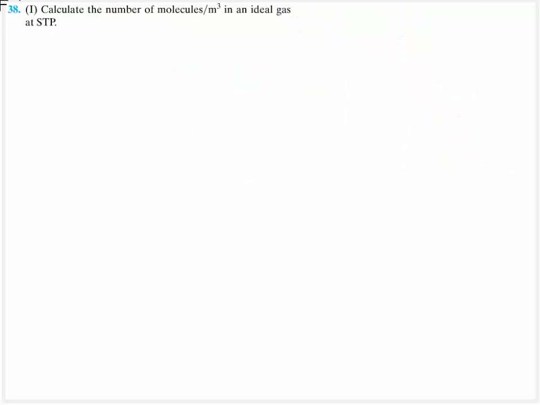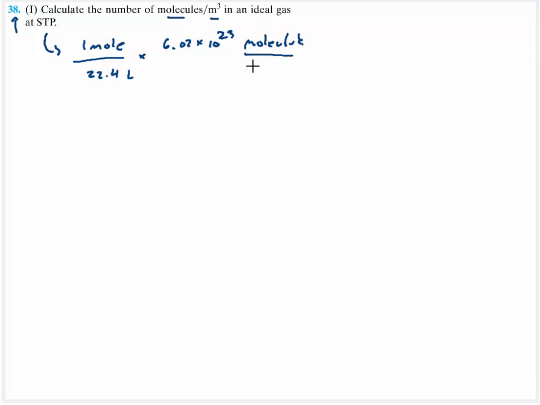Just some definitions with problem number 38. We know the definition of standard temperature and pressure, that 1 mole of a gas is going to occupy 22.4 liters, and now it's just unit conversion to get into molecules and cubic meters. So we know that there's going to be 6.02 times 10 to the 23rd molecules per mole, and that's going to allow me to cancel that guy out.